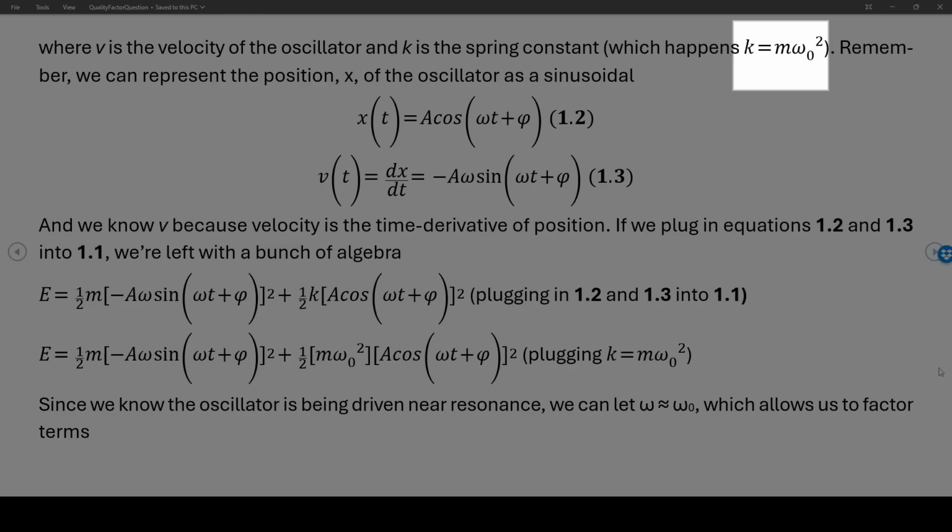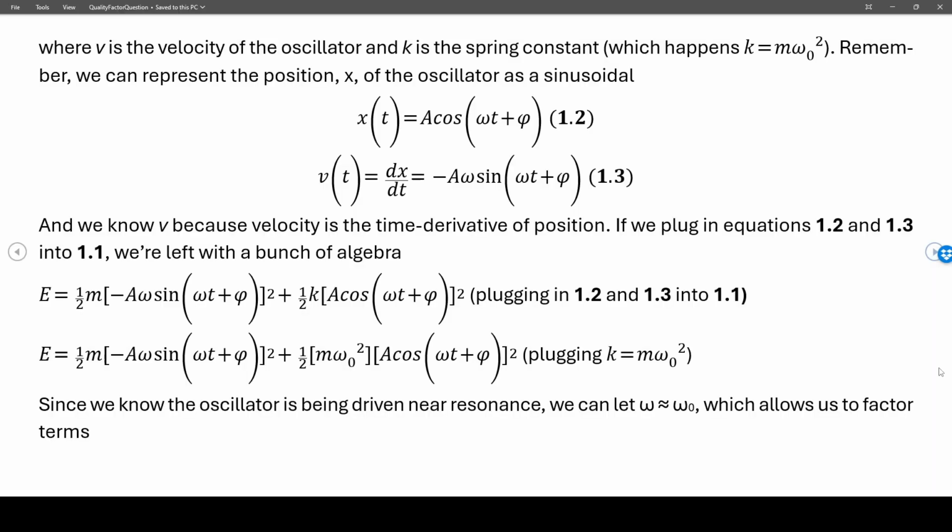Also, a good thing to note is that k, the spring constant, can also be written as m times the natural frequency squared.